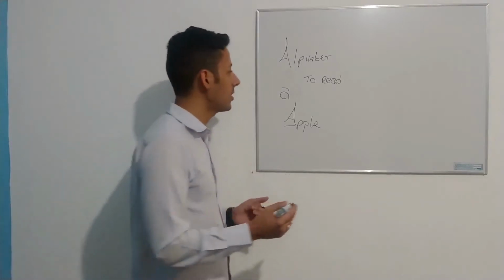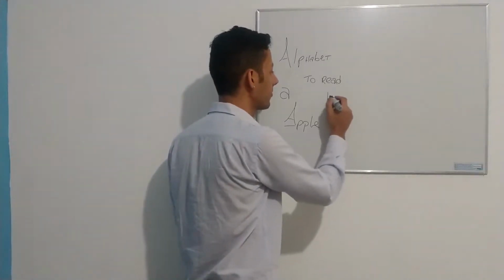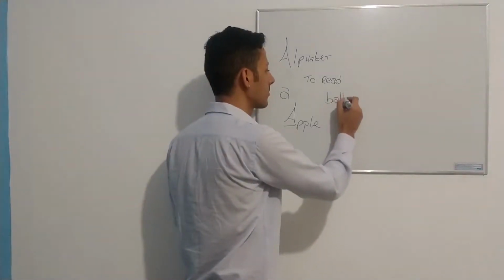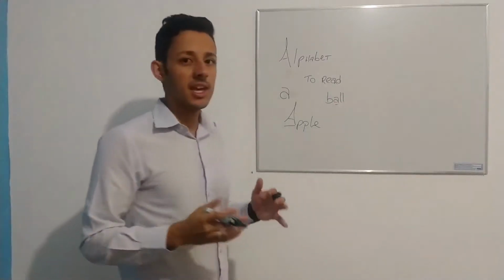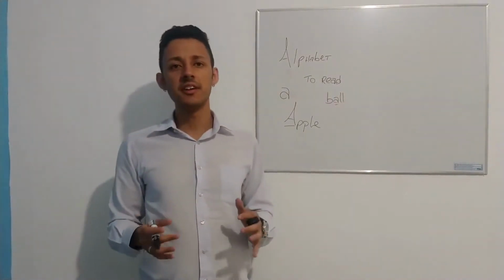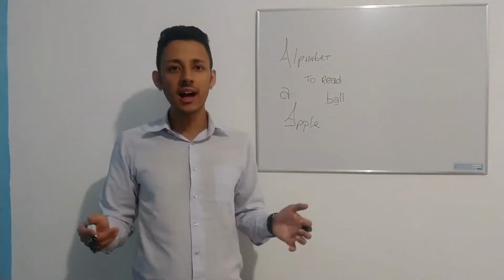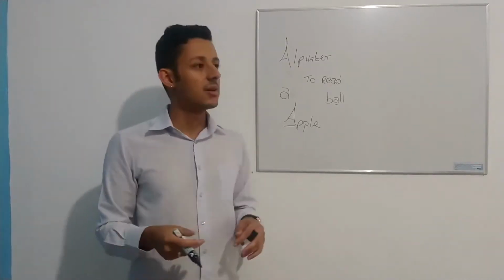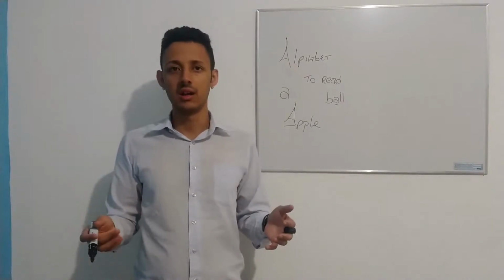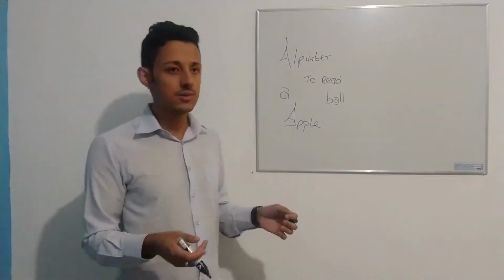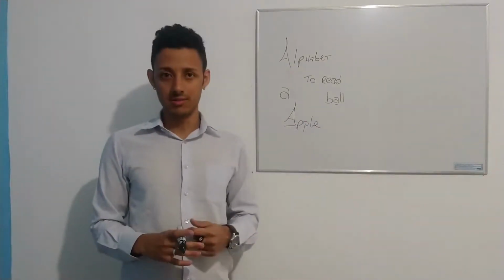Another example is ball. Here, the letter A is not pronounced A or A or E, but O. So we say ball.